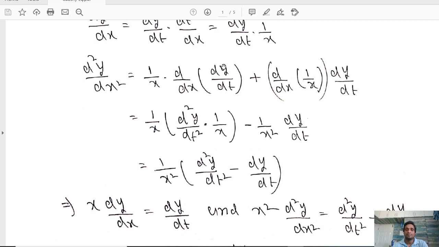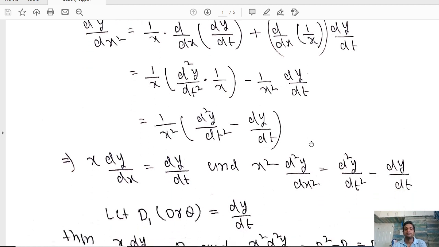Here again it is dy by dt, so once again we have to differentiate with respect to t: dy by dt into dt by dx. One derivative is already there, so it becomes d square y by dt square, and dt by dx will be 1 by x. Minus 1 by x square dy by dt, as it is.